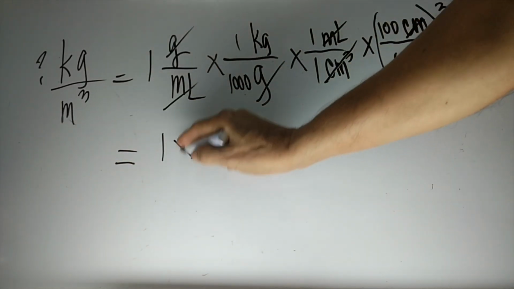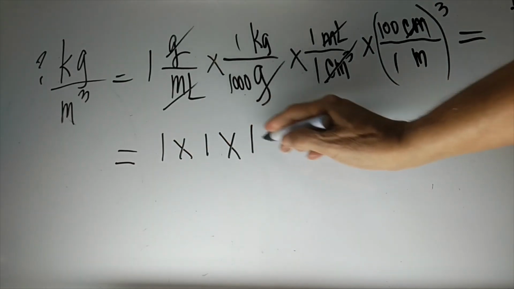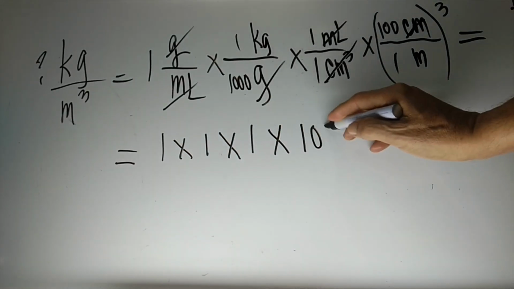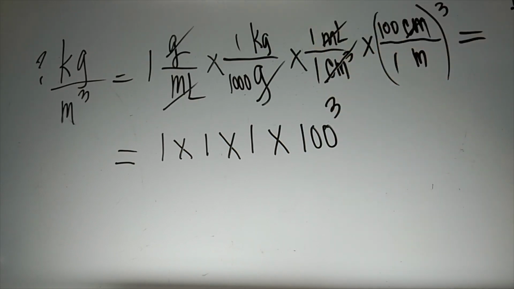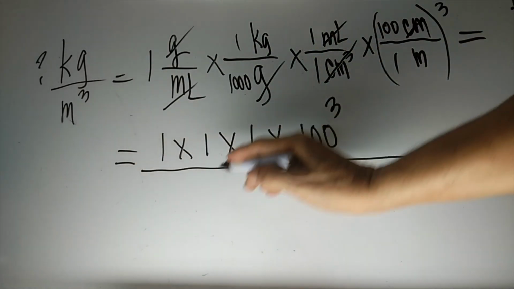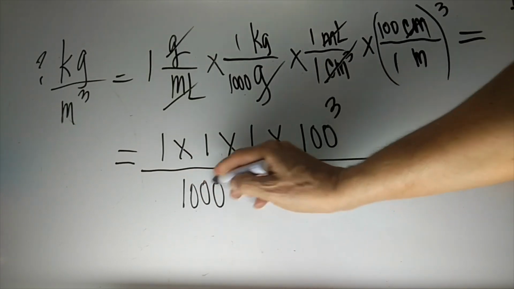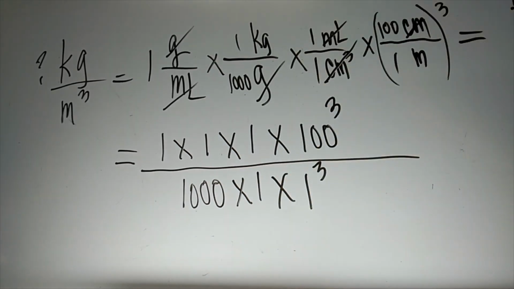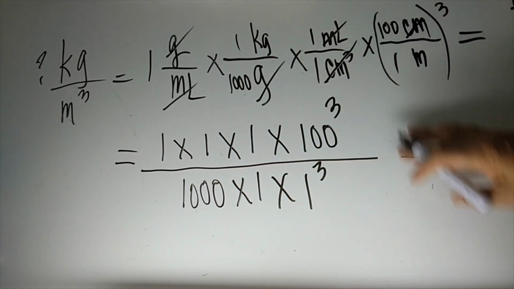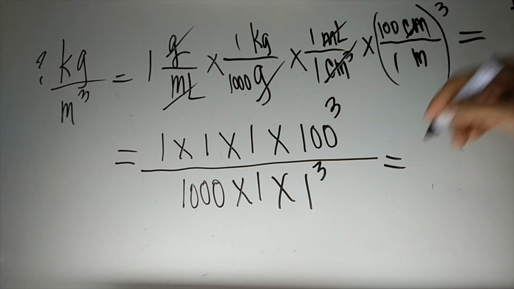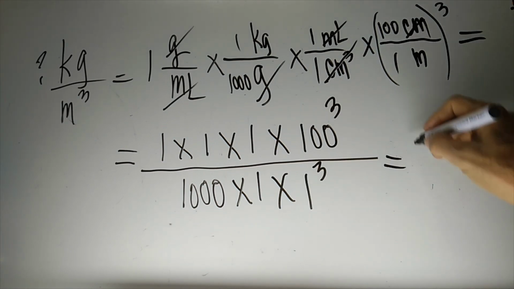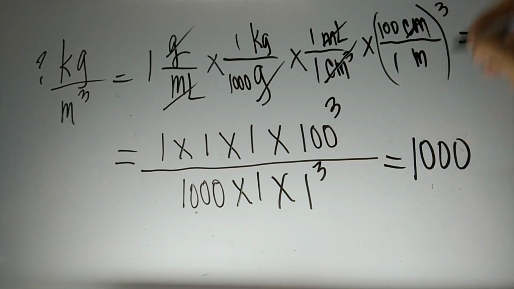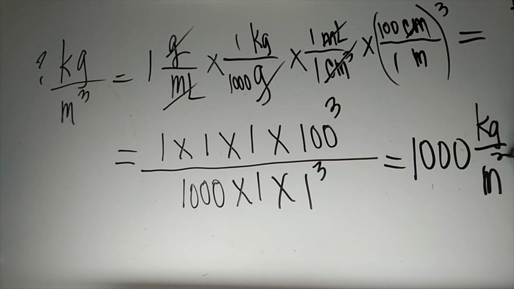So this will be 1 times 1 times 1 times 100 raised to the third power over 1,000 times 1 times 1 raised to the third power is equal to, again with the help of your calculator, your answer should be 1,000 kilogram per meter cube.